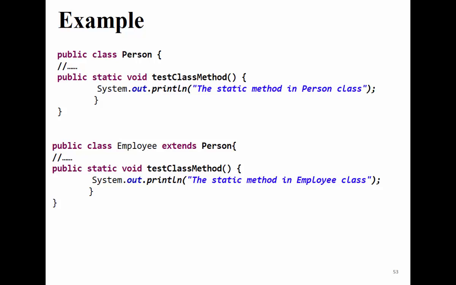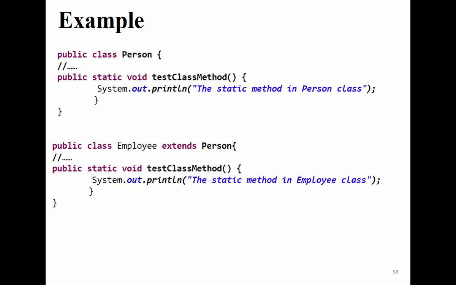This is an example. You have a class called Person, and inside this class we have a public static void testClassMethod, and inside it we print the static method in the Person class.